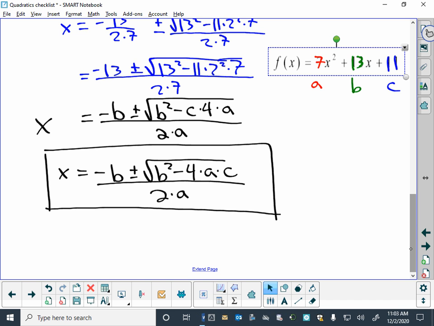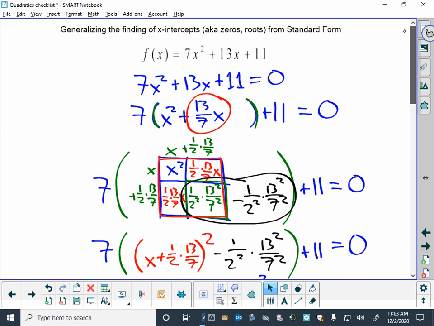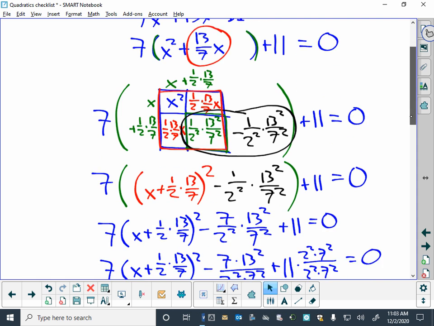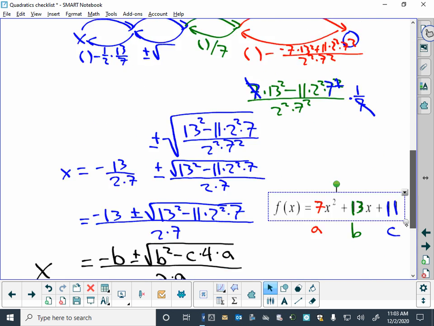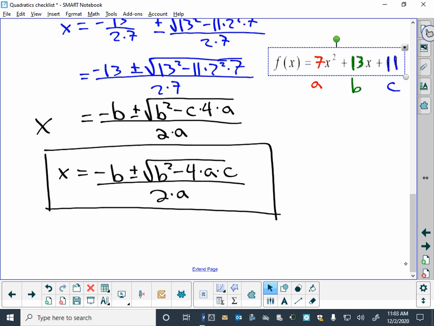This will allow us to go all the way from the original question of here's a standard form and I want to know what the x-intercepts are. In one step here now, I have completed the square, made the arrow diagram, put the 0 at the end, went backwards on the arrow diagram to get to this.